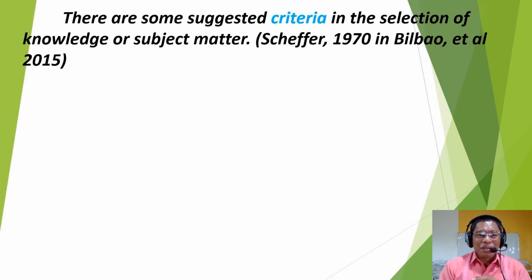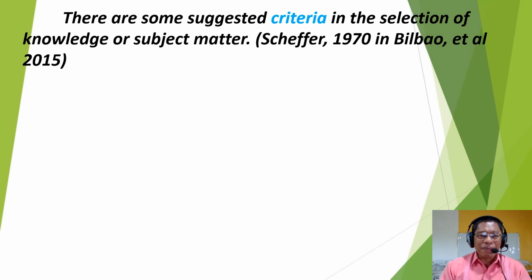While the teacher is writing the lesson plan, one of the first things that the teacher would do is to select the topic. Of course, after making the objectives, she would choose or select the topics. Sometimes the topics come before the objectives. These are the criteria she will use in choosing the topic or subject matter.